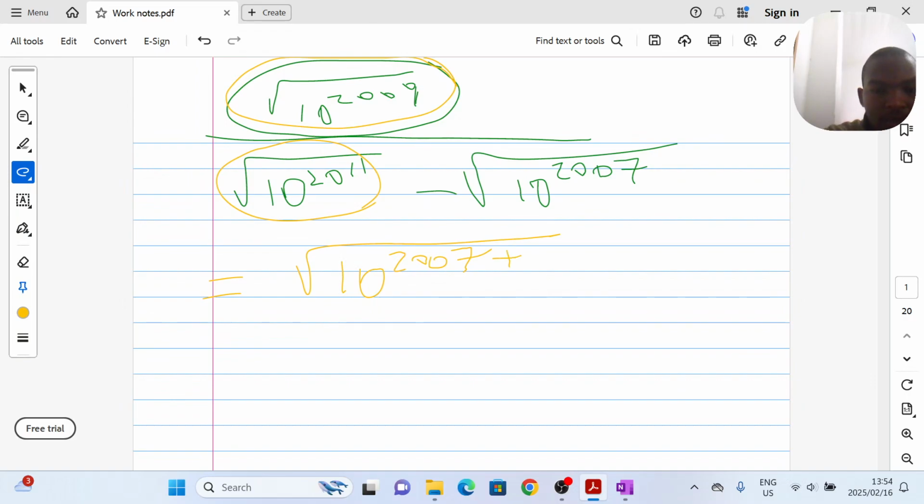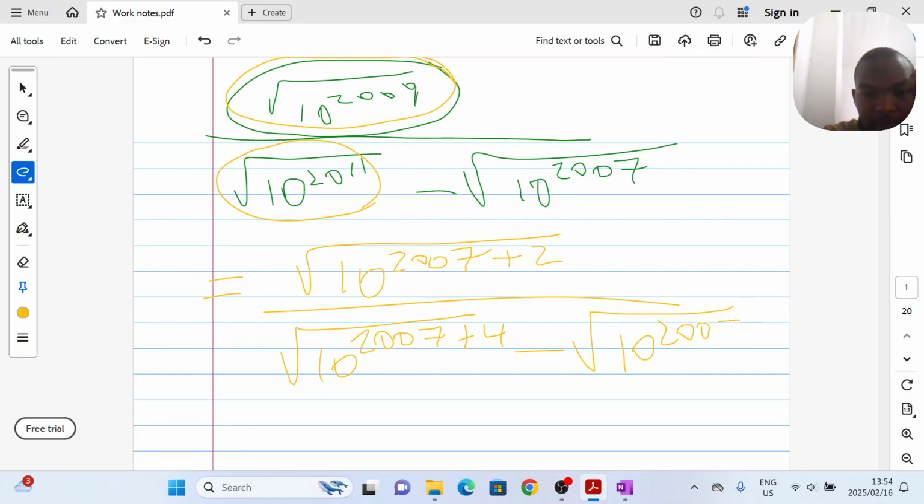We just need to add 2, and then divided by the square root of 10 to the power 2007, and how much more do we need to add there to get 2011? We just need to add 4, and minus, we keep this as it is, so you're going to have 2007 here.